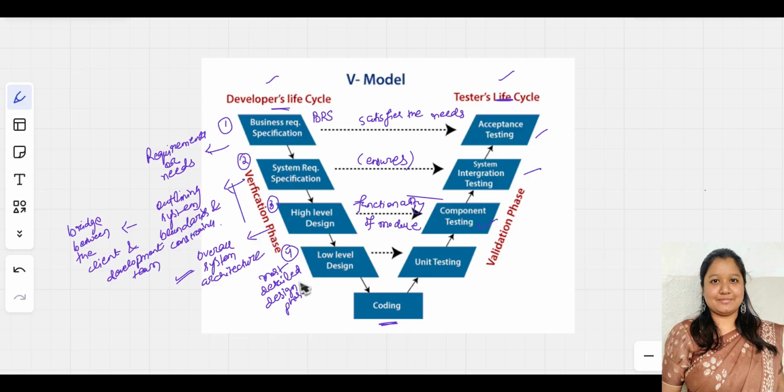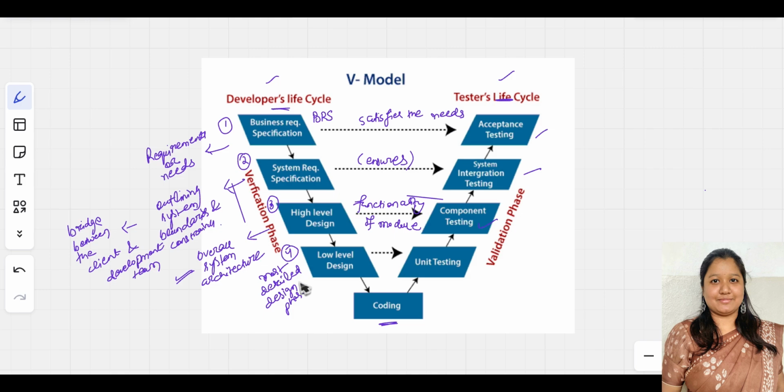All will be described in this way. Also, this phase explains how each module will work internally. So it includes your detailed logic, algorithm, database queries, and interface details. The developer uses this phase as a blueprint for coding.